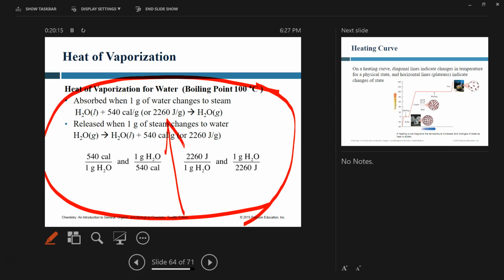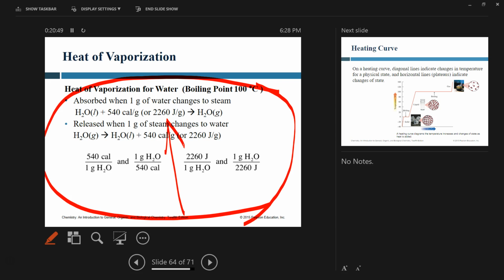Okay. For instance, I tell you have 40 grams of water. How much energy you need to convert 40 grams of water into vapors? Say it's boiling. Okay. So what you need to do? Go ahead. You need to take which number? Yeah. No. Here, you multiply, because think about this.